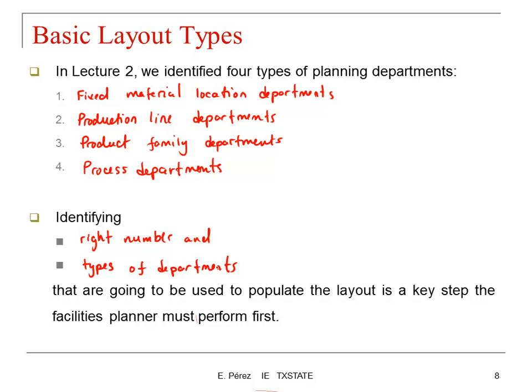So, you need to identify the type of departments that you're going to have within your facility and the number of departments that you're going to have, and that's your first step or your key step to start planning for the design.